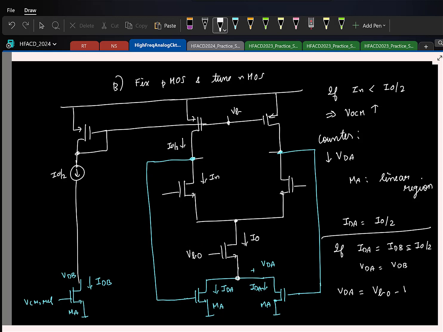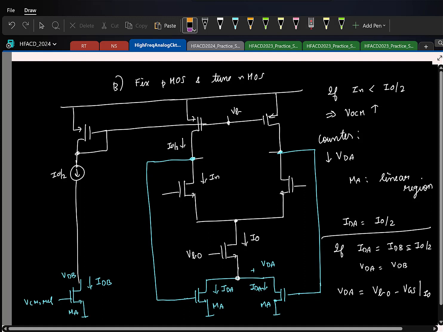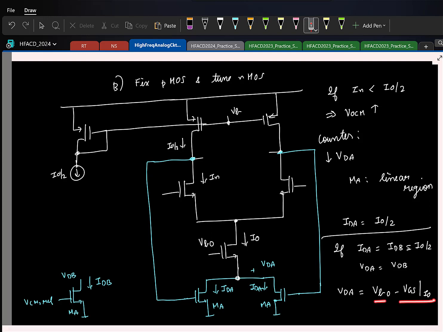So this is VB0 minus VGS. Now you tell me a way in which I can make sure the drain voltage here is also equal to this. I need to get a voltage which is VB0 minus VGS at a current I0. Can you suggest a way in which I can get the same voltage here?